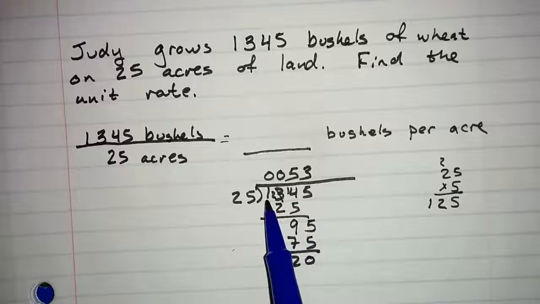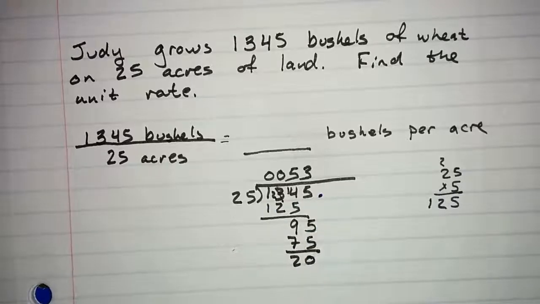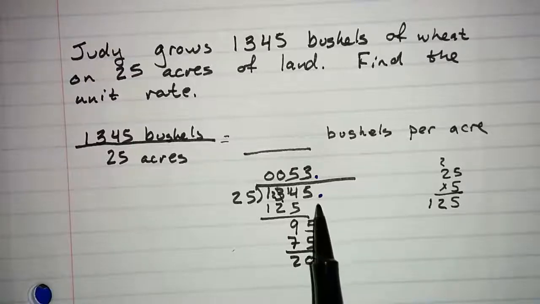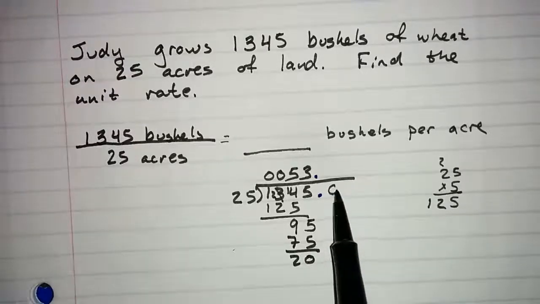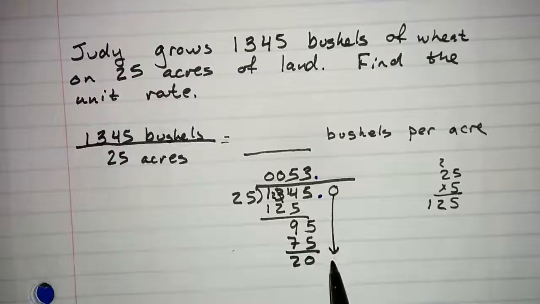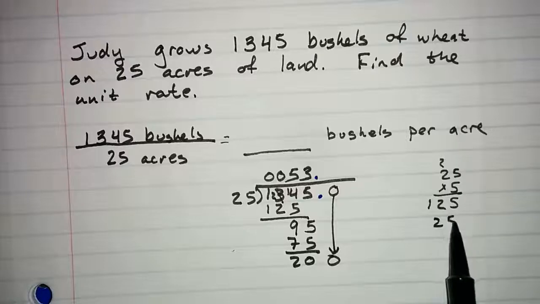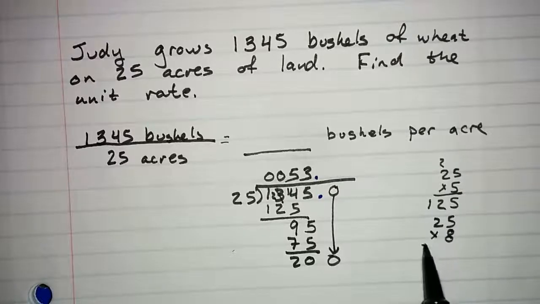The decimal point in 1,345 is right here. Copy it up here. And now that I have a decimal point, I can add in a 0. 25 goes into 200, I think 8 times. 8 times 2 is 16, 17, 18, 19, 20.